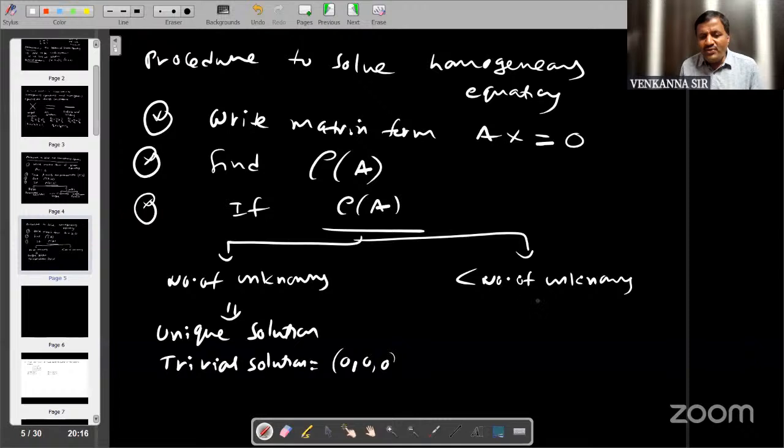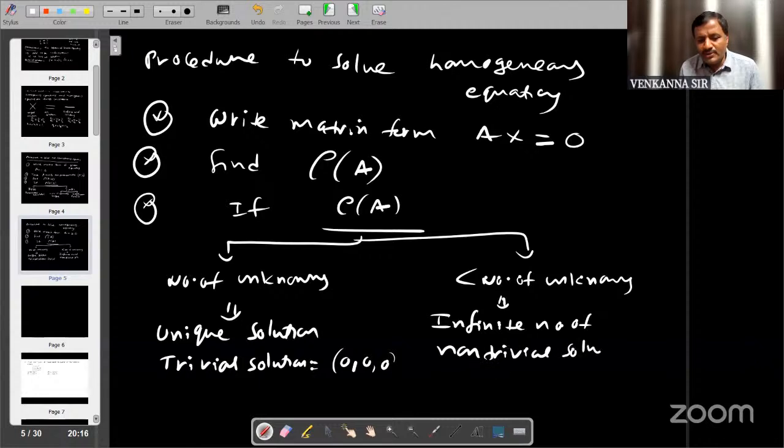If rank of A is less than number of unknowns, then it contains what? Infinite number of non-trivial solutions. What is the meaning of non-trivial? Other than zeros. This infinite number of non-trivial solutions is called the eigenvector.